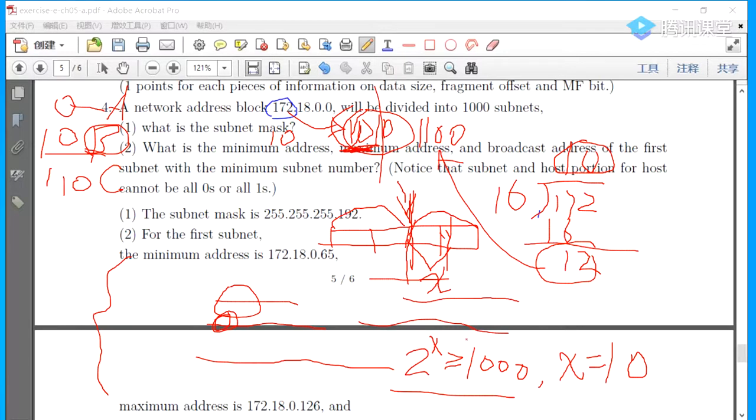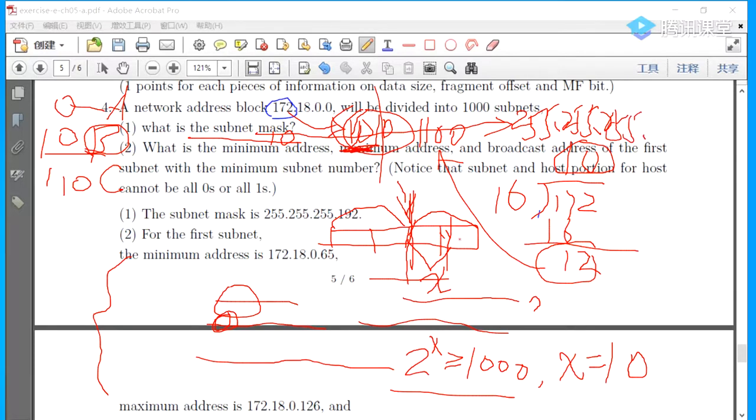Then what is the subnet mask? For the subnet mask, the network and the subnet portions should be set to all 1s. So the first 3 bytes are all 1s, and we write 255.255.255.